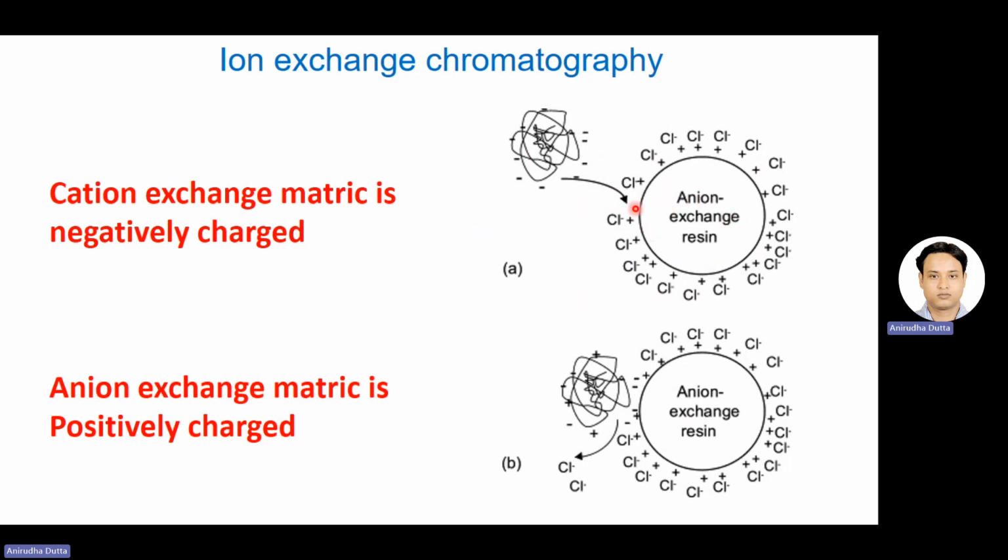The same thing happens for cation exchange also. In case of cation exchange, the matrix would be negatively charged and the complementary ion would be sodium plus, if it is equilibrated with sodium chloride, and then the positively charged protein would exchange those cations and bind to the matrix.